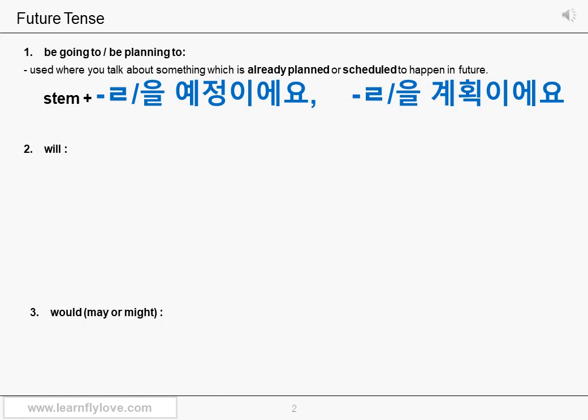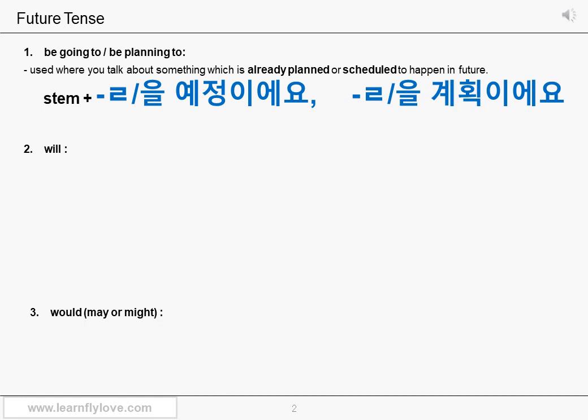It's an ending, so needless to say, it's added to a stem of a predicate. Where there is no final consonant in the last letter of the stem, you put the final L consonant to the last letter of the stem as a final consonant. And where there is a final consonant in the last letter of the stem, you add 을 sound right after.